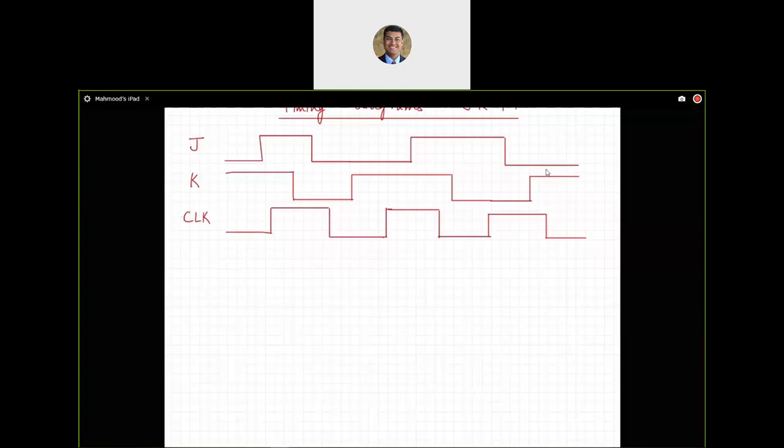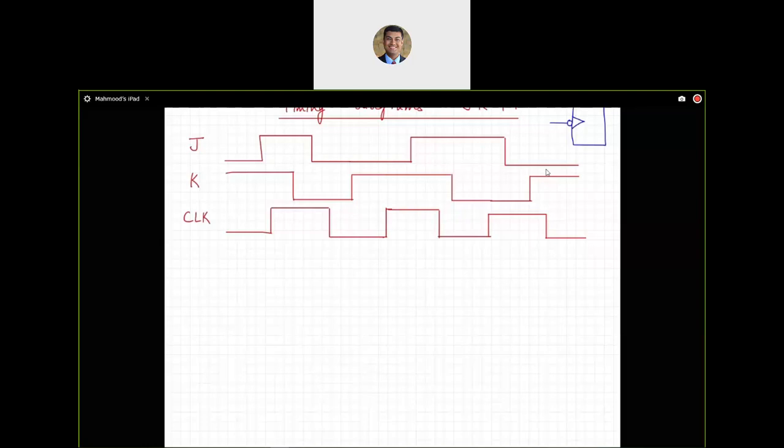Now, if we consider a negative edge triggered JK flip-flop, I'm going to draw the symbol that I'm looking at over here. I have edge triggering and I have a bubble in front, which means that I have negative edge triggering for the JK.